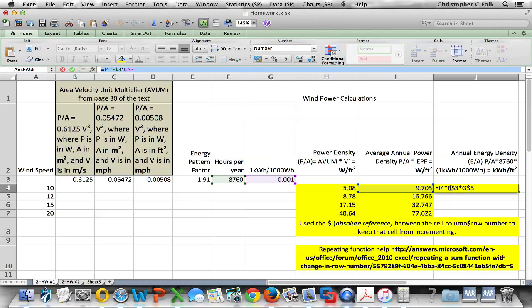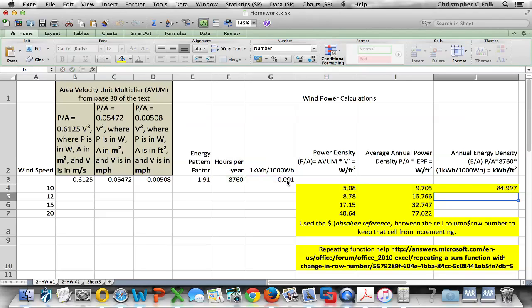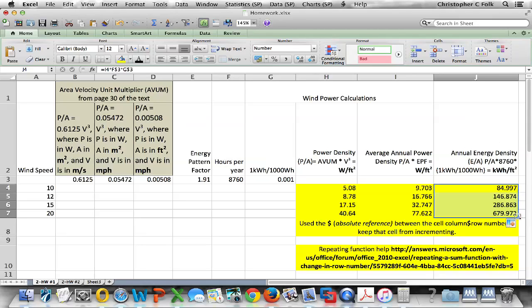So we're saying I4, the average annual power density, times the absolute value of F3, the number of hours in a year, and the multiplier to get a kilowatt, divided by 1,000 watts. That worked fine. Again, I pull this down and I have all my answers. So there are all the answers I need for this.